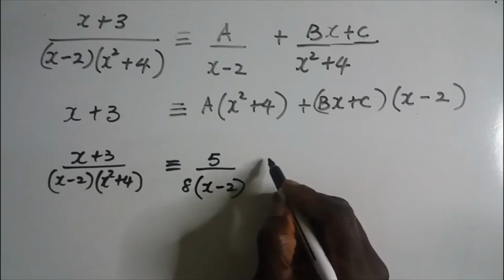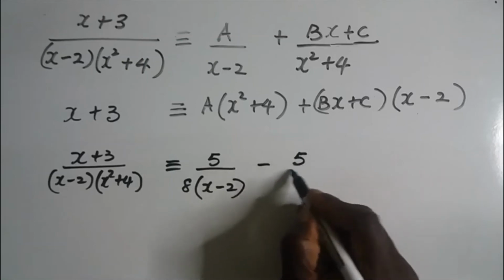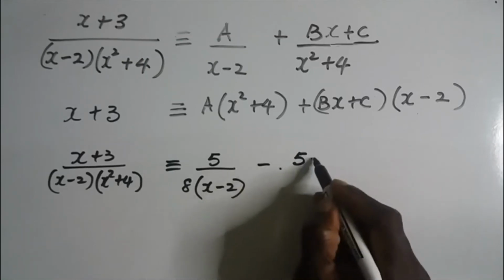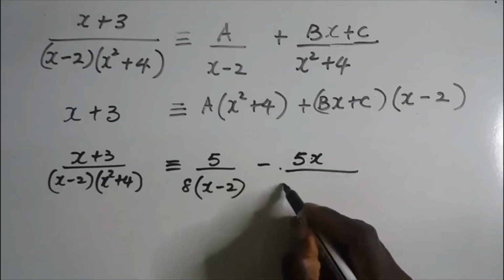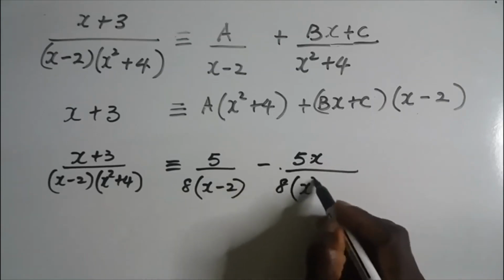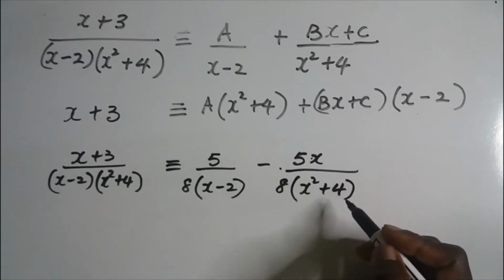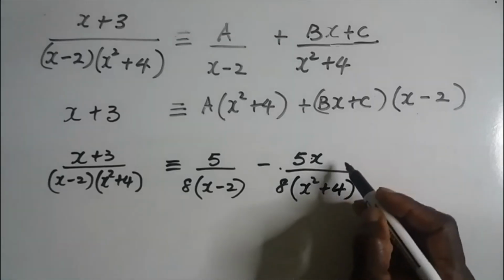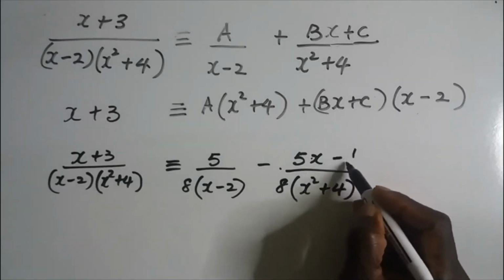Add B, but we know B is negative 5 over 8, so this becomes minus 5x over 8 into x squared add 4. And C we know is minus a quarter, so it becomes minus 1 over 4.